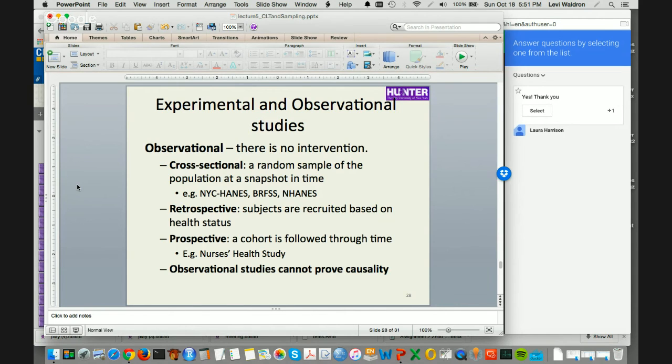The prospective study is one where you randomly select your cohort at some initial time t equals 0, and then follow them through time. And there are some studies, like the Nurses' Health Study, that have gone on for decades after the initial sample was made.